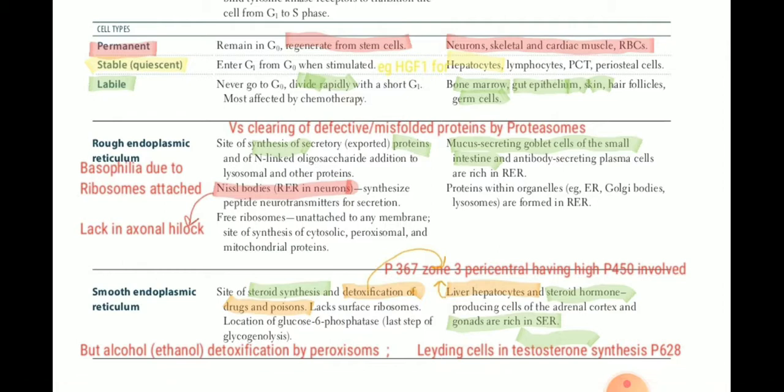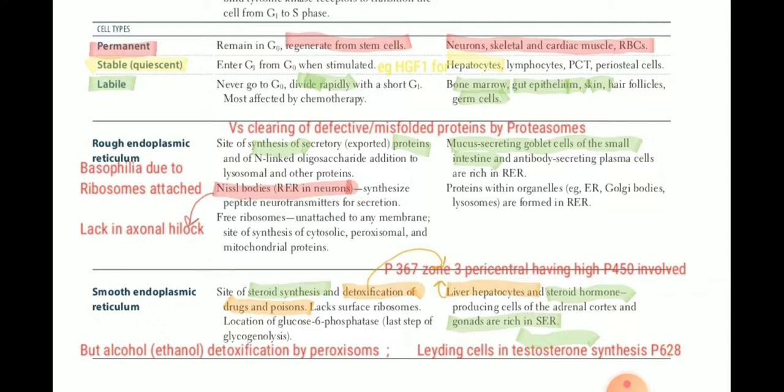The MCQ asked otherwise is that Nissl bodies are lacking in the axonal hillock region, because here the impulse starts, and neurotransmitters are synthesized in the cell body, not the axon hillock or the terminal portion. Nissl bodies are RER of the neurons, and they are lacking in the axonal hillock.